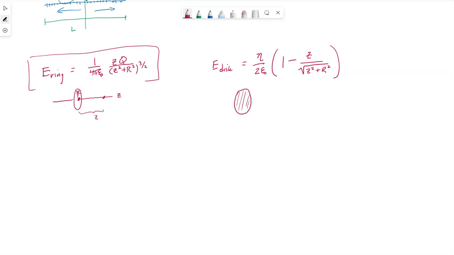It's just that we have a solid disc and not a ring. The z-axis is still going through the center of this disc. Z still is the distance from the absolute center out to whatever point we're trying to find the field at. Capital R is still the radius of the disk as a whole. Now, eta here is the surface charge density.